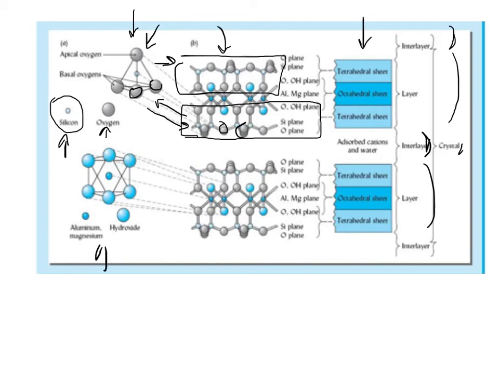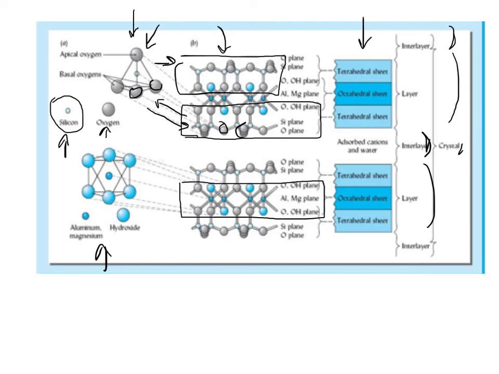This is the octahedral, the 8-sided unit. You can see that there's a sheet of these in the middle. Typically, we only have one sheet of these, either sandwiched between two tetrahedral sheets or just in association with another tetrahedral sheet.